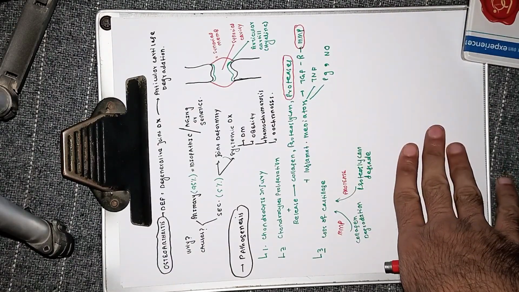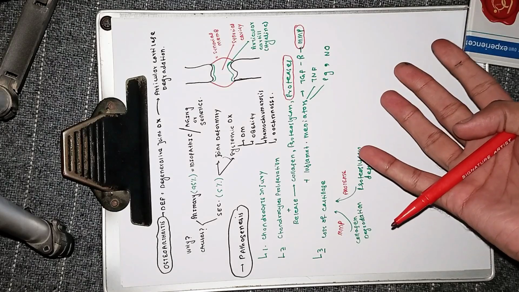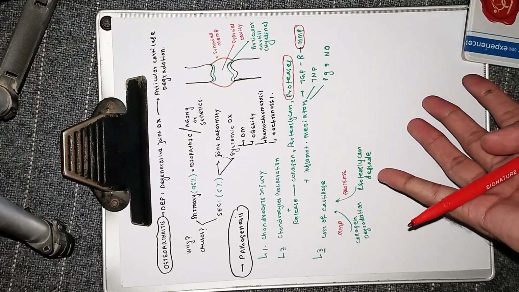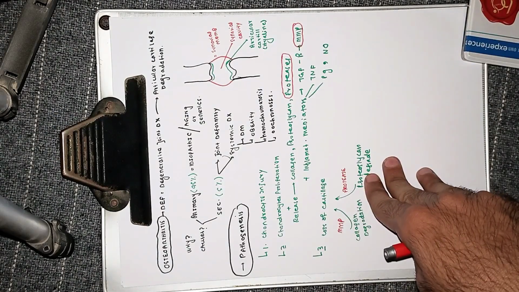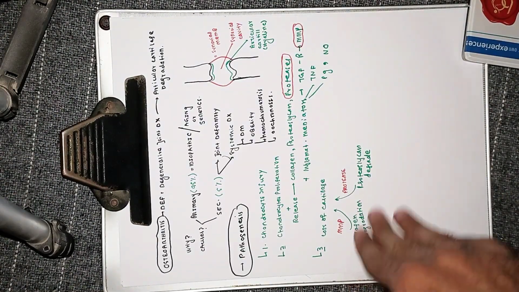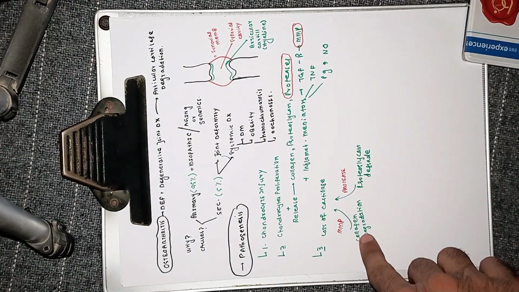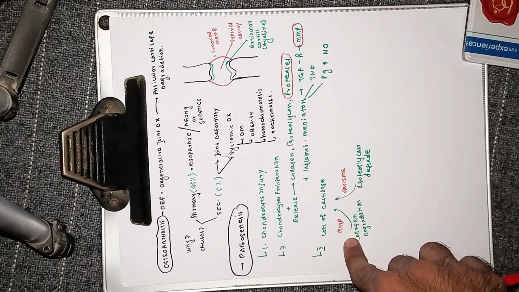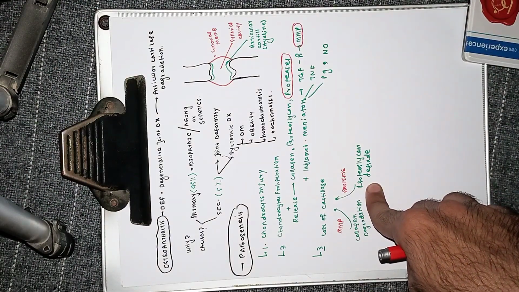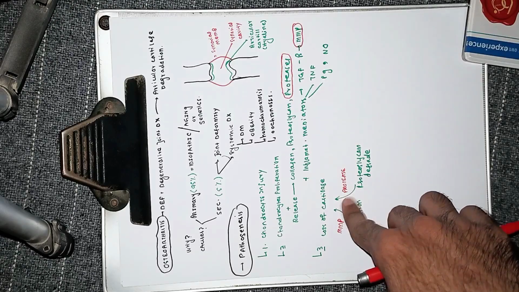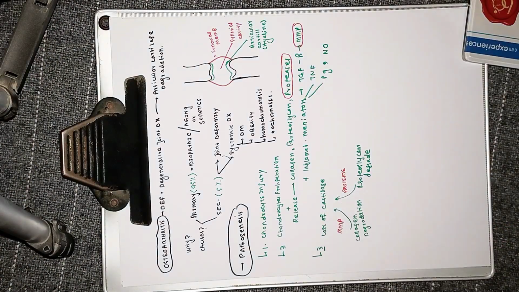And then what happened? We saw cartilage is lost. What is the reason behind the loss of this cartilage? Neither collagen remained, beta, nor proteoglycan. What was the reason for the loss of collagen and the loss of proteoglycan? Collagen is degraded by matrix metalloproteinases enzyme, and proteoglycans are degraded by proteases enzyme. Okay, and ultimately the cartilage is lost.